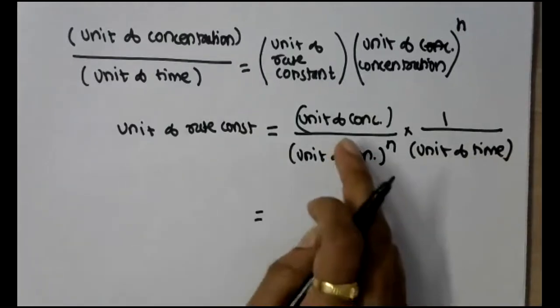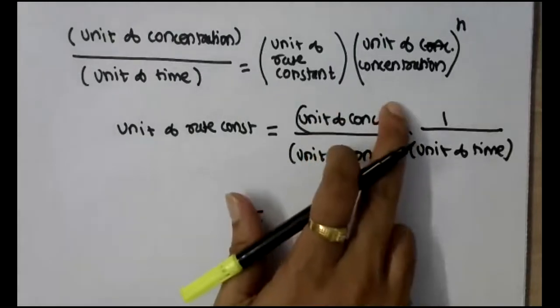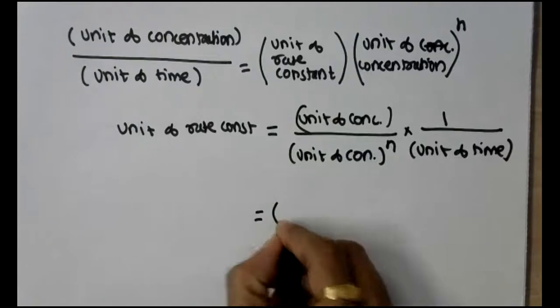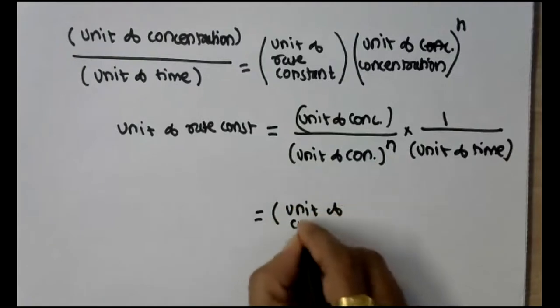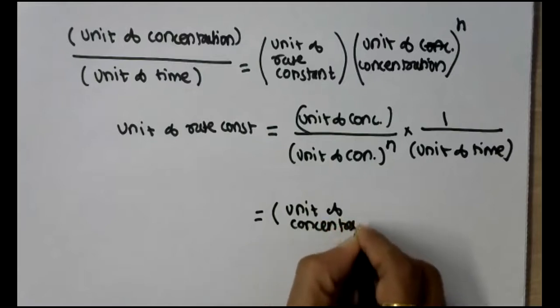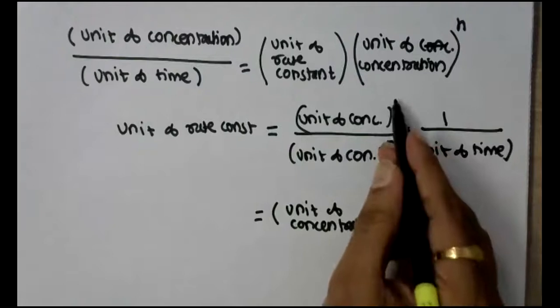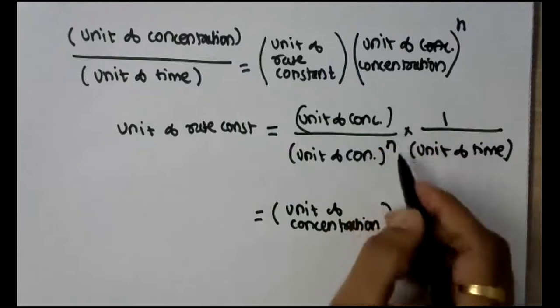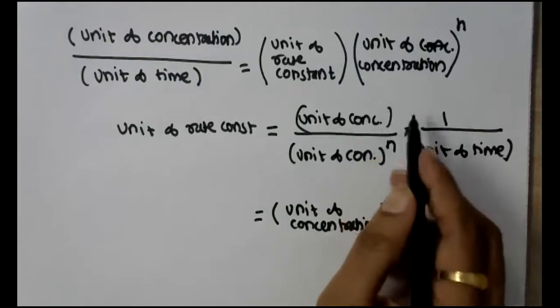And you are aware that the base is same, powers are different. Here the power is 1, here the power is n, so a raised to x upon a raised to y is a raised to x minus y.